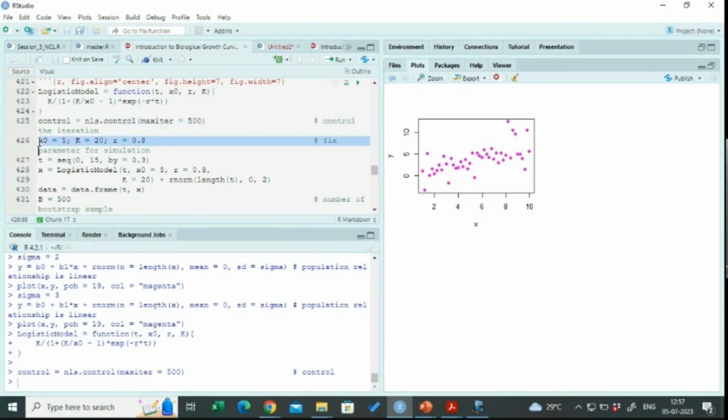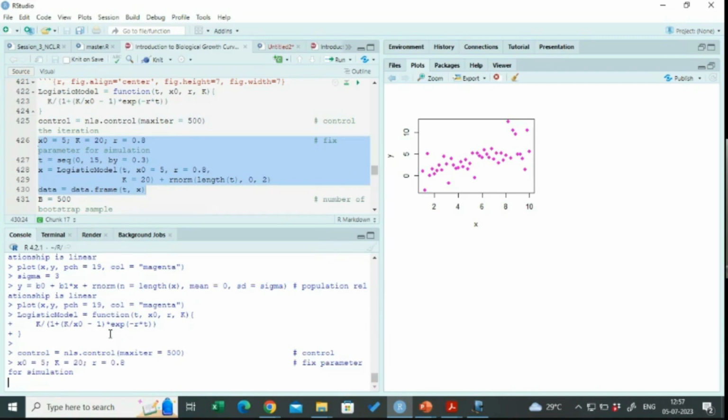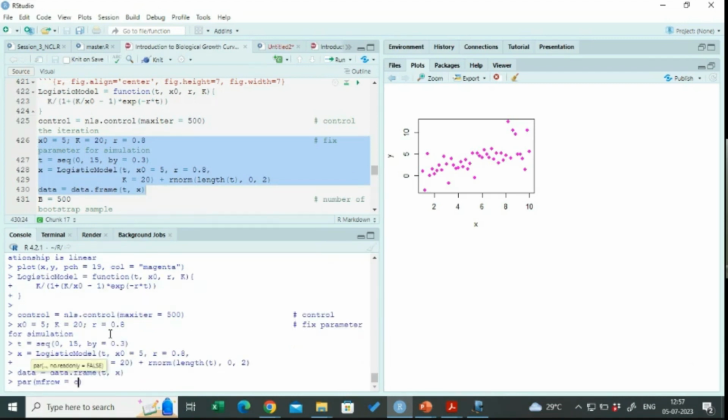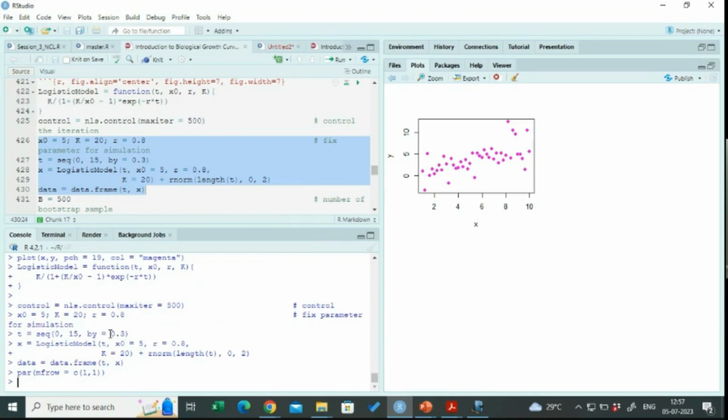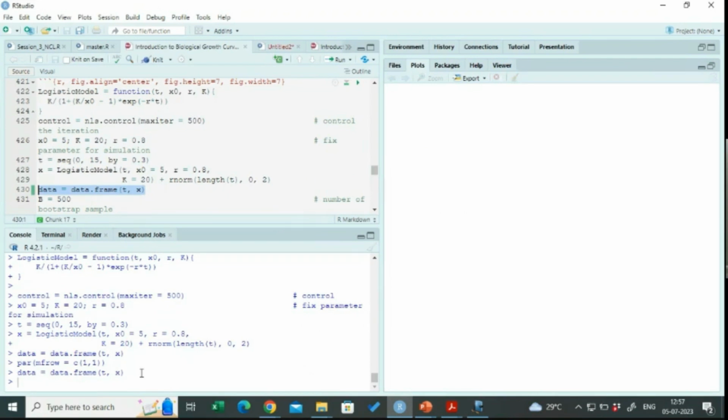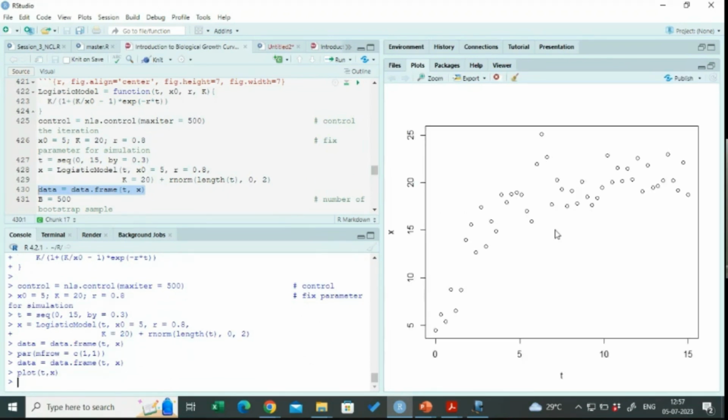These are for my simulation. Let me take var mf rho equal to c(1, 1), and you can plot p, x. So this is the data that you simulated, the original data, the scatter plot that you have here, right?